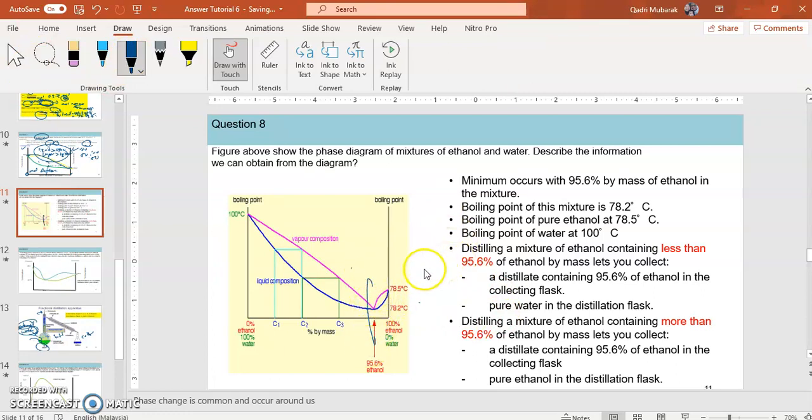For example here, the statement is: distilling a mixture of ethanol containing less than 95.6% of ethanol by mass lets you collect a distillate containing 95.6% of ethanol in the collecting flask and pure water in the distillation flask.